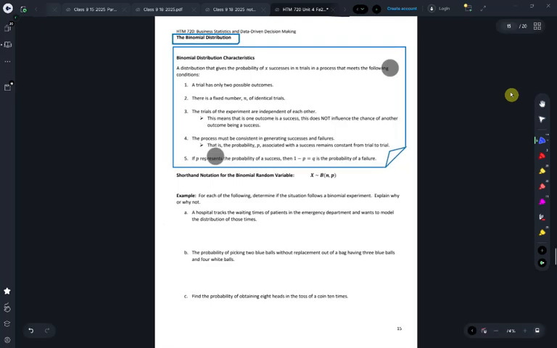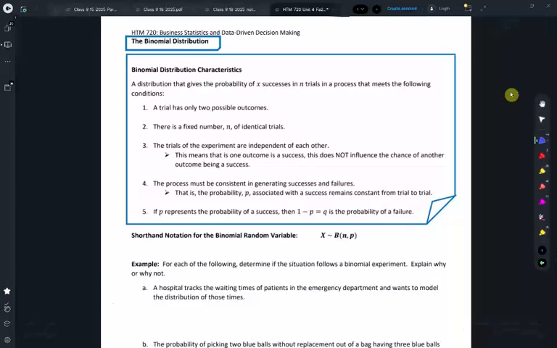In this video, we begin to explore yet another distribution, namely the binomial distribution. To start with, the binomial distribution only applies to discrete random variables.